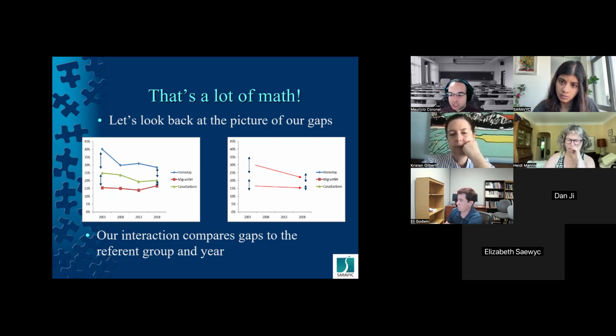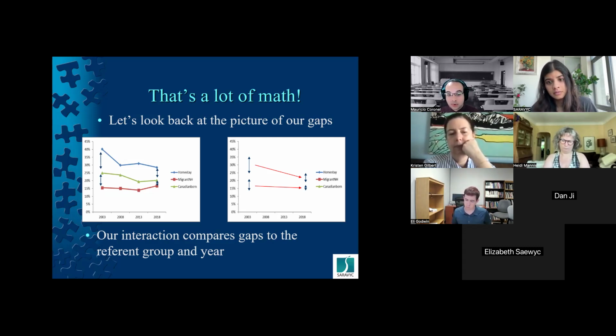If that arrow is shrinking, the groups are getting closer together, and the odds of the groups having our outcome, in this case youth having sex, are getting more equal. So our interaction is going to compare how the gaps compare to the reference group and the year.